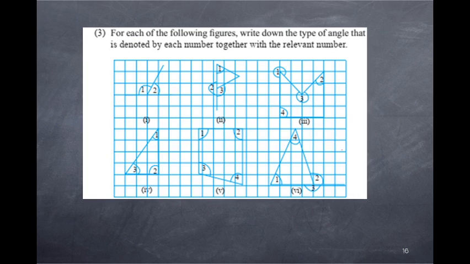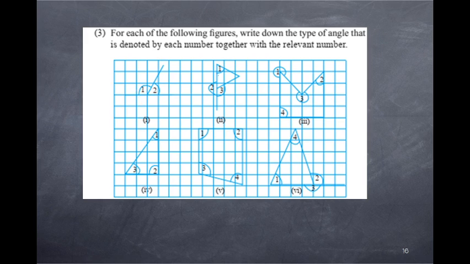Okay, the third one. For each of the following, we write down the type of the angle denoted by each number together with the relevant number. It is similar to the previous one. The angles are not very clear, but in the first picture, the first one is obtuse, the second one is acute.